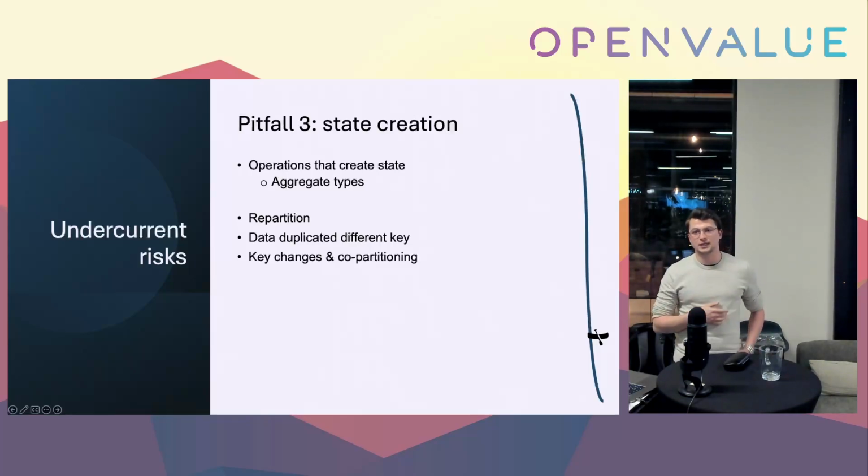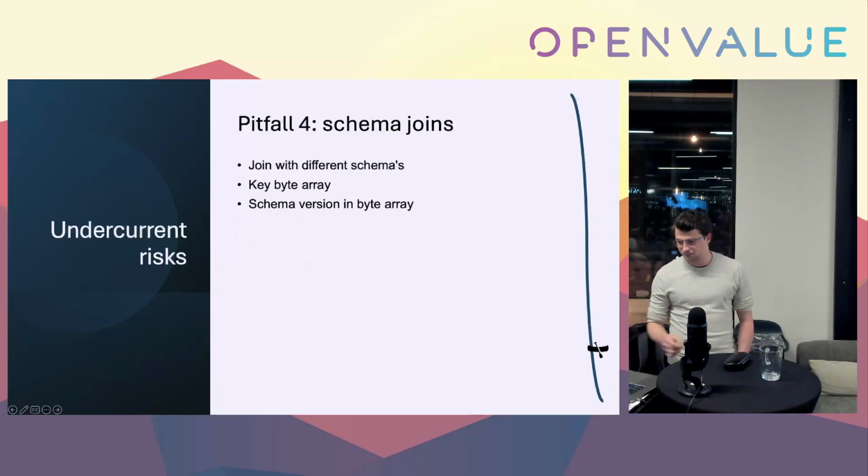Because if it doesn't have that, then it will miss the data, while actually it would have been there if it was co-partitioned correctly. So if you have a repartition because of your builder, then you duplicate all the data under a different key. So be mindful of that data duplication. So key changes lead to co-partitions and data duplication.